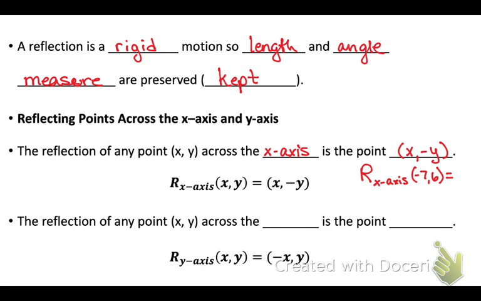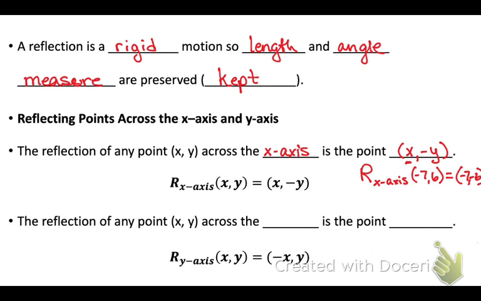So the rule says keep my x, correct? Just says x, so -7. And what do I do to my y? Negative. So that means change the sign, yes? So it's +6, so it's going to be -6. But why doesn't the -7 change? Because the rule just says x. Whatever the x is, you keep the x. And there should be a parenthesis there, it got cut off.